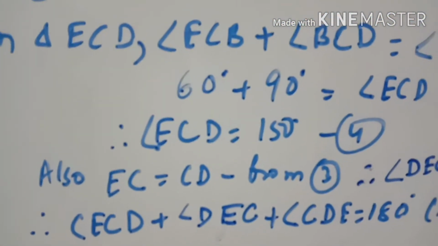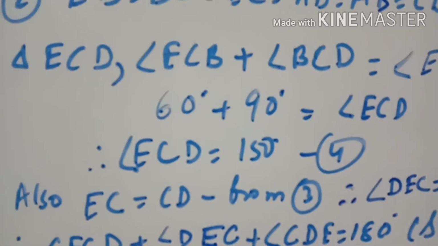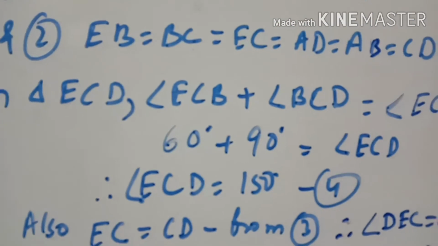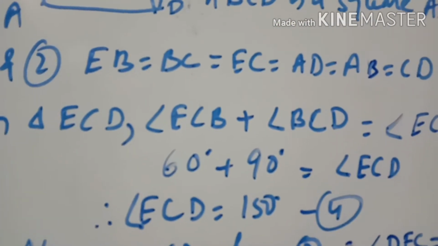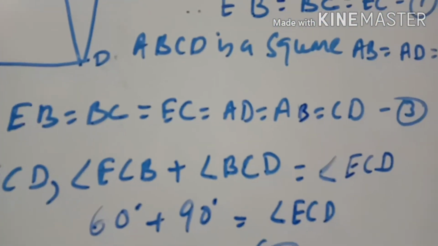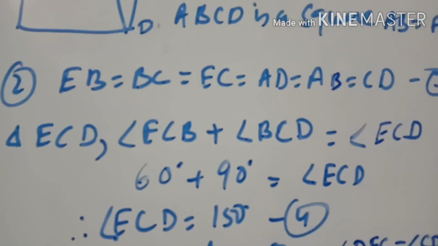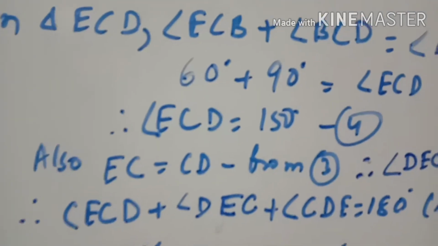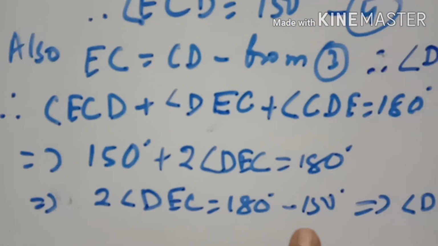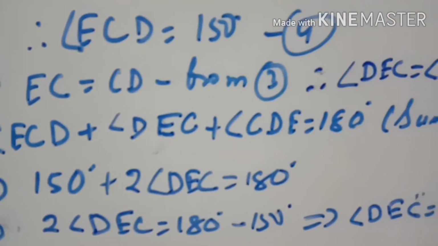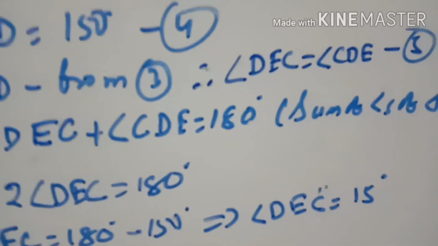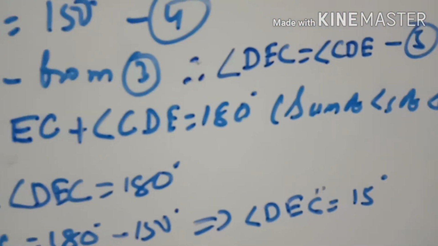Now, I have already found the value of ECD, 150 degrees. So I can write 150 degrees plus 2 angle DEC, because DEC equals CDE, equals 180 degrees. Therefore, twice angle DEC equals 180 degrees minus 150 degrees. Therefore, DEC equals what? 30 degrees divided by 2, it will be 15 degrees.